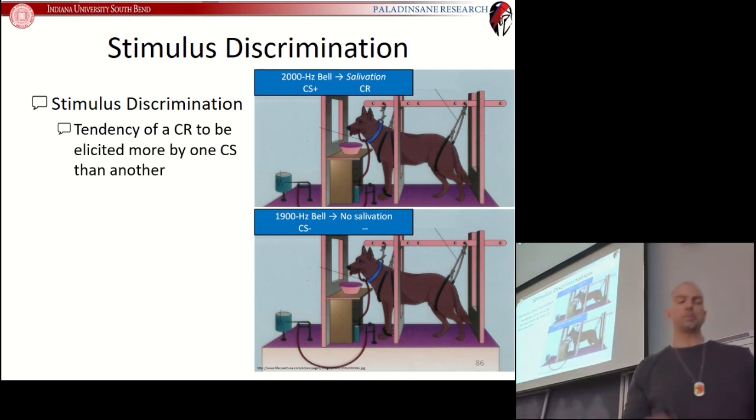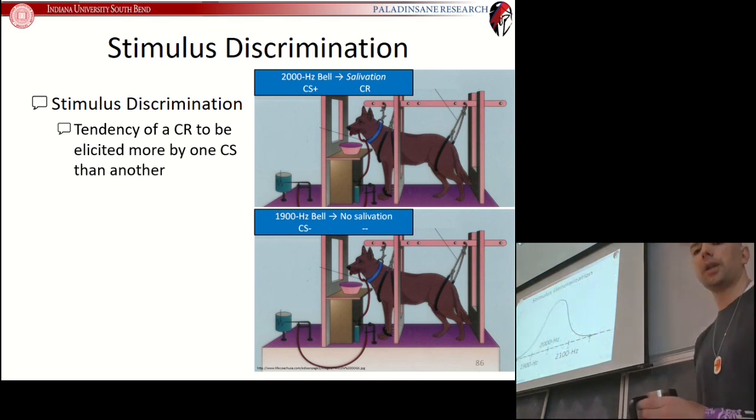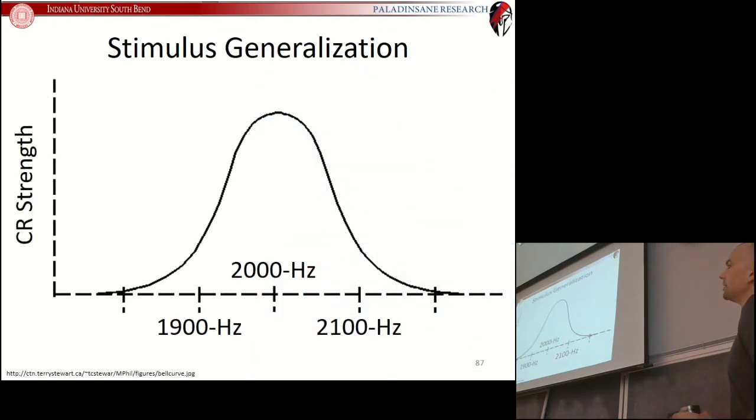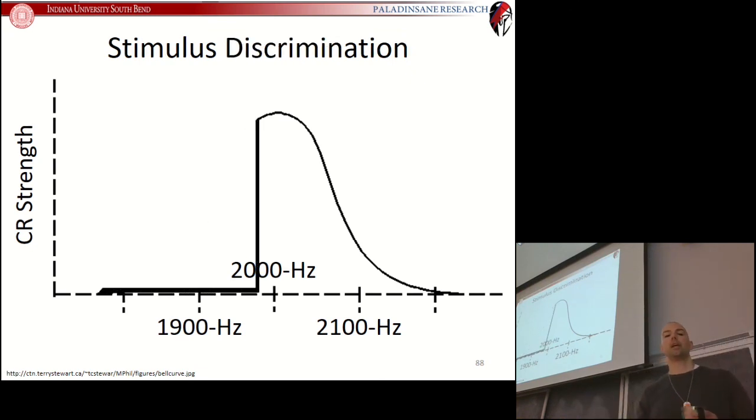So if we were to do this stimulus discrimination procedure, 2000 hertz tone paired with food, 1900 hertz tone not paired with food, instead of that stimulus generalization curve where the dog would generalize and respond to that 1900 hertz tone, we would get a discrimination curve that looked more like that.